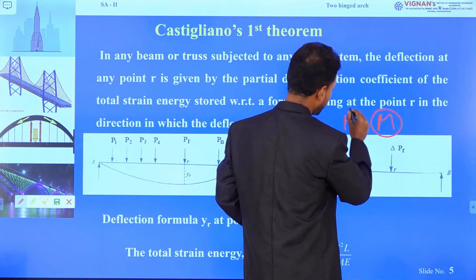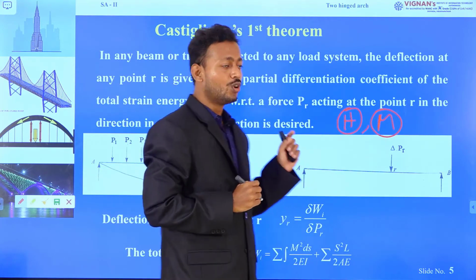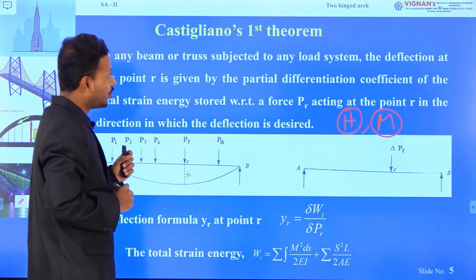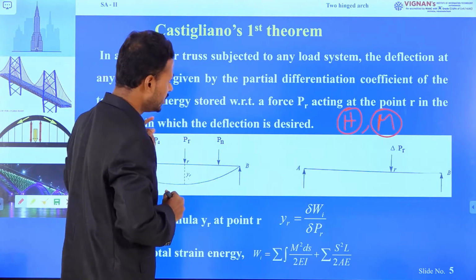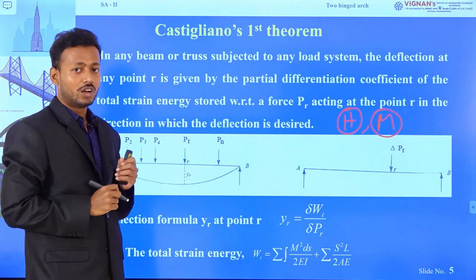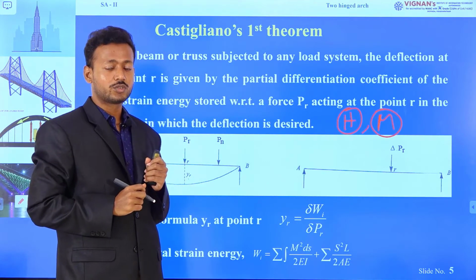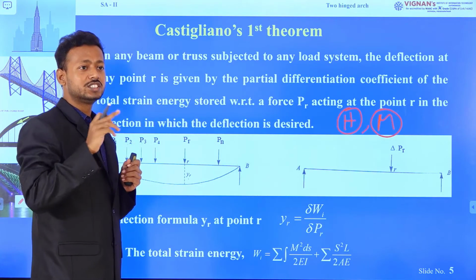Our intention is to determine these two parameters. Now, to know these two parameters, we need to learn Castigliano's theorem. Using this theorem, we will be able to evaluate the total displacement of the two hinge arch and the bending moment occurring in the girder.